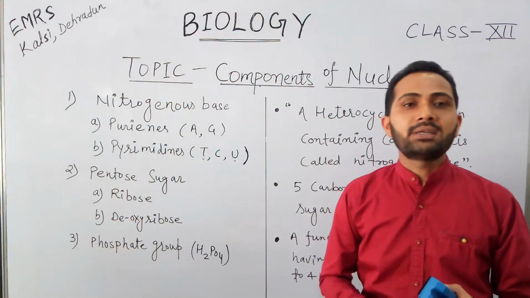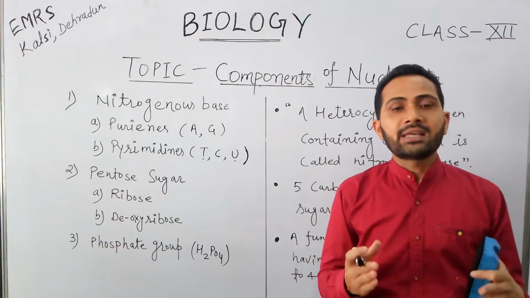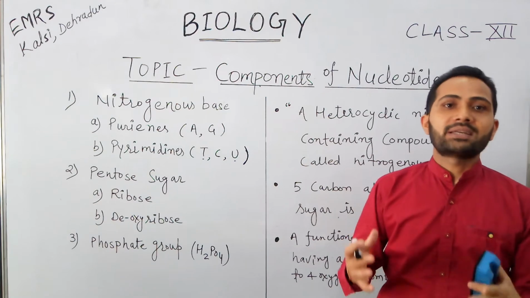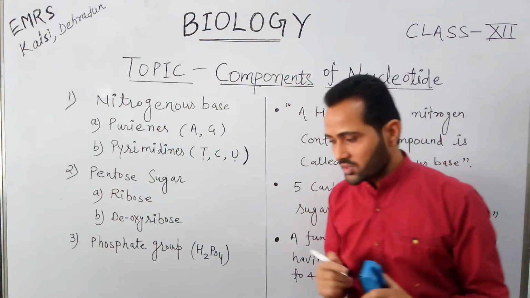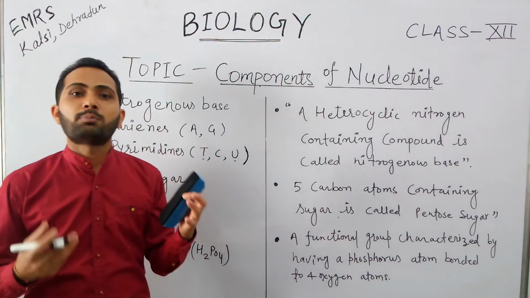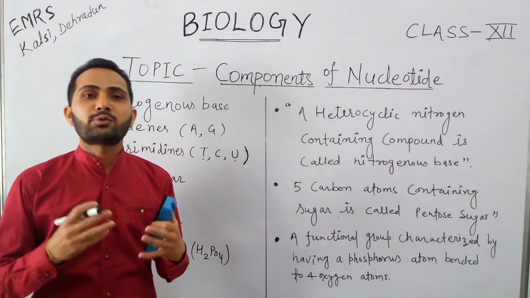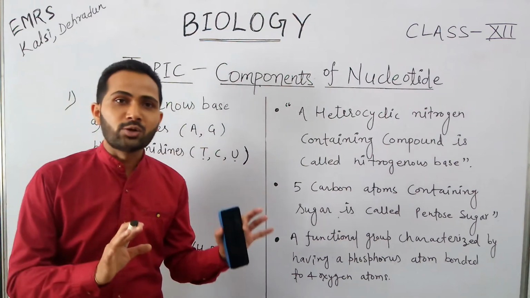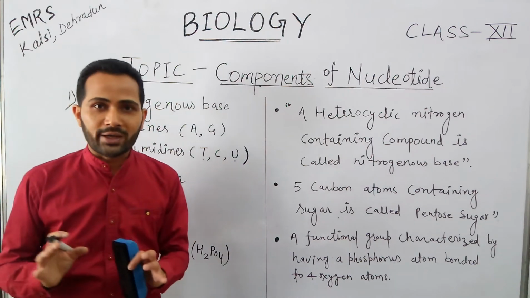As we have done in our earlier videos, DNA and RNA, which are known as nucleic acids and are present in human beings, are polynucleotide structures. Polynucleotide structure means they are made up of too many nucleotides, as poly means many. DNA and RNA are made up of so many nucleotides.